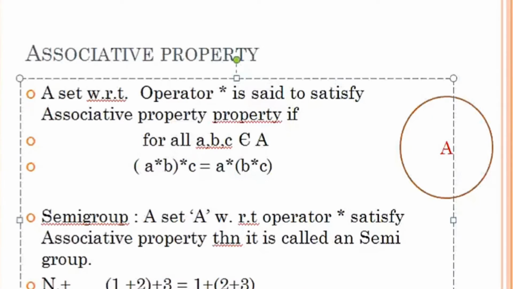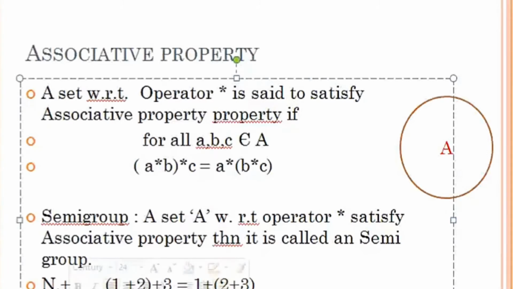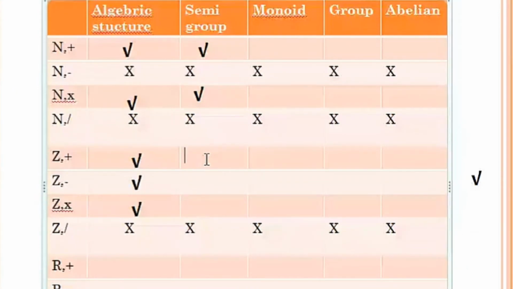The result is going to be the same for all natural numbers, even if we take 0 or any other number. That means natural numbers with respect to multiplication also satisfy the associative property. Right? This is done.